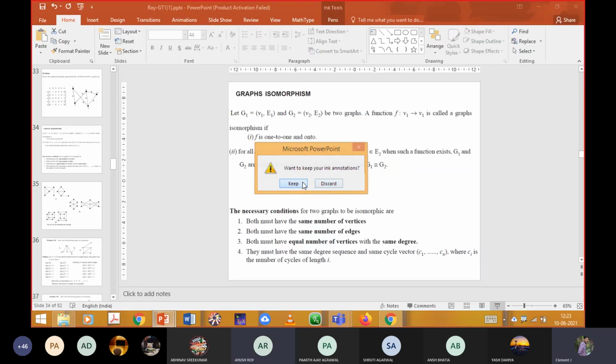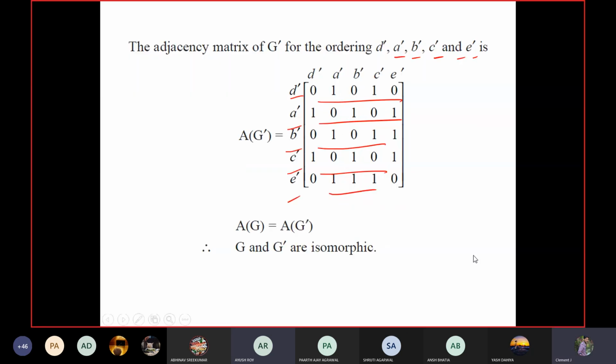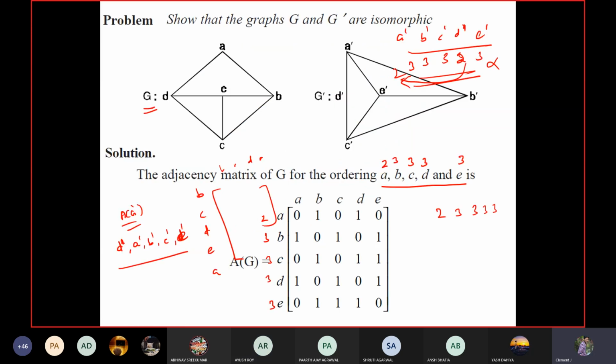Can you explain the order once more for choosing the adjacency matrix for G dash? See here, you can consider this as a cycle. This is your 2, this is your 3, this is your 3, this is your 3, and this is also 3.